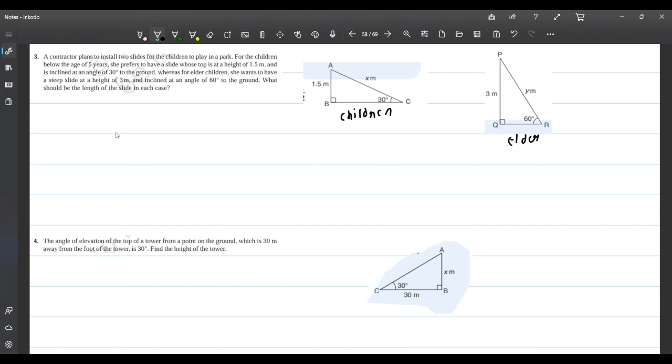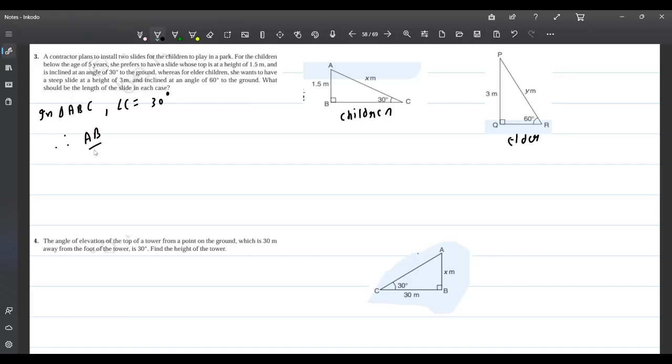So let in triangle ABC, angle C is 30 degree.